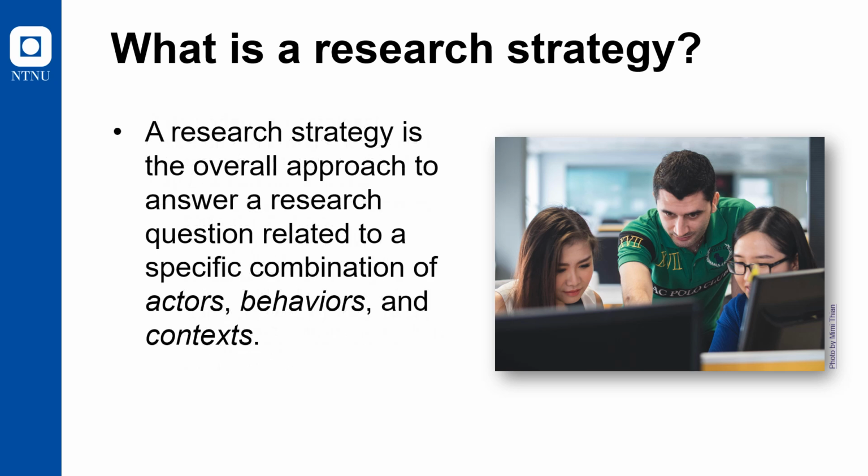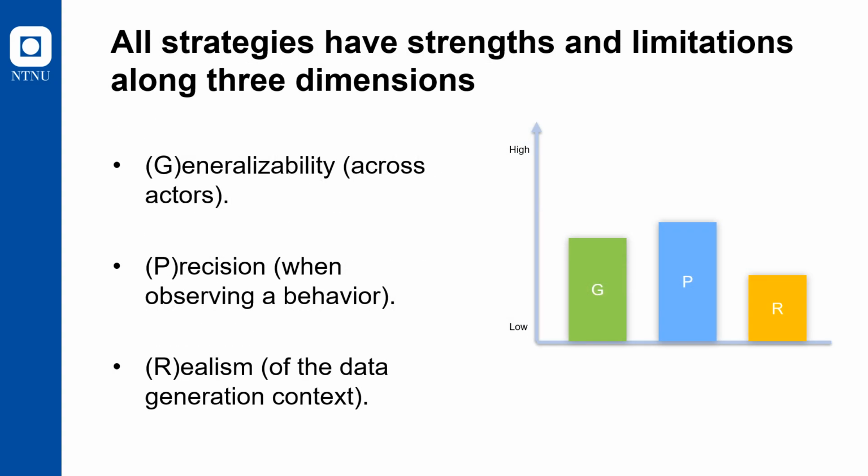A research strategy is then your overall approach as researcher to answer a research question related to a specific combination of actors, behaviors, and context. Several strategies exist and each of them has its own strengths and limitations.